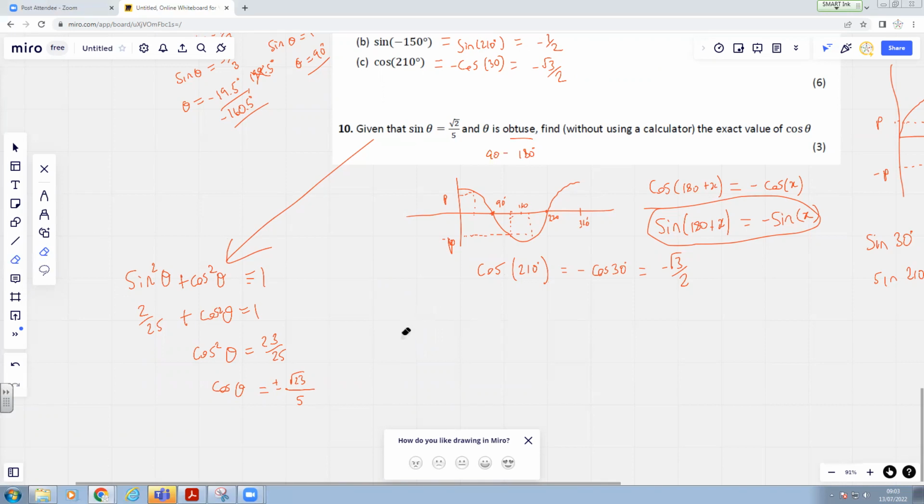If we draw a cos theta graph, that actually goes negative at 90, and I'm only going to draw half of it, just to show you that if it's obtuse, cos theta must be negative. So I have to take the negative root 23 over 5, just because cos is clearly negative when theta is obtuse.